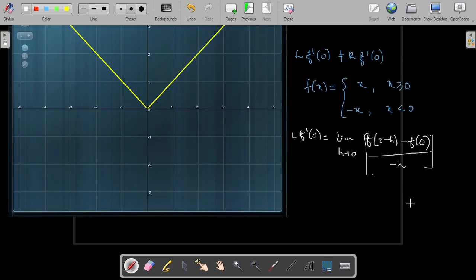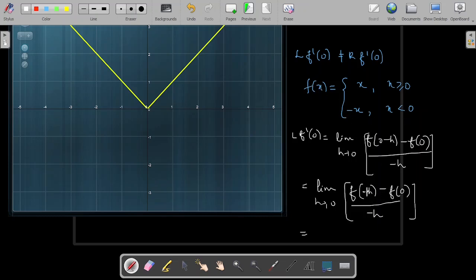That is what I am doing here. The left hand derivative I am calculating is equal to limit h tends to 0 of f of minus h minus f of 0 divided by minus h. This is the definition of the left hand derivative. Now substitute in the function. What is f of minus h?